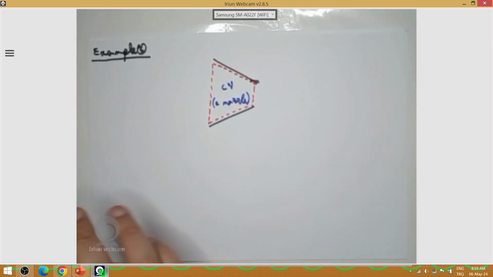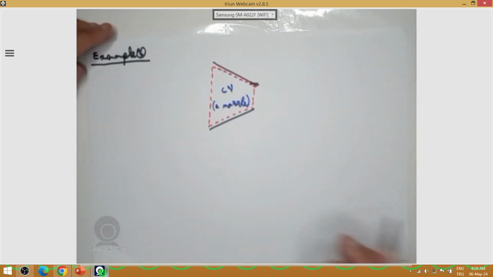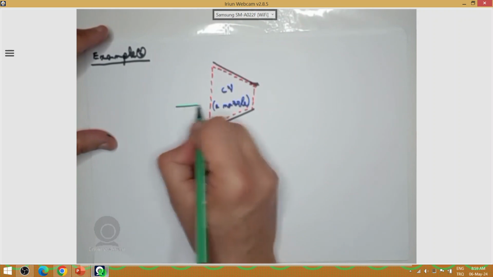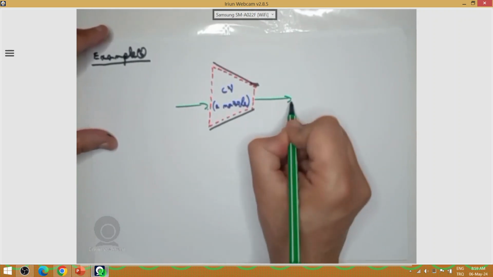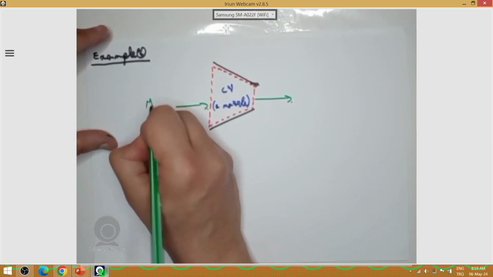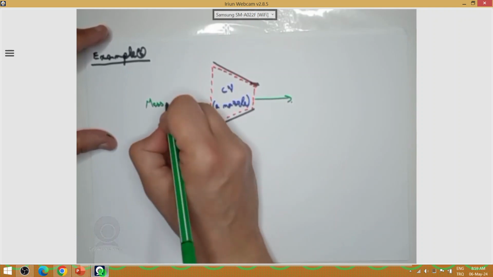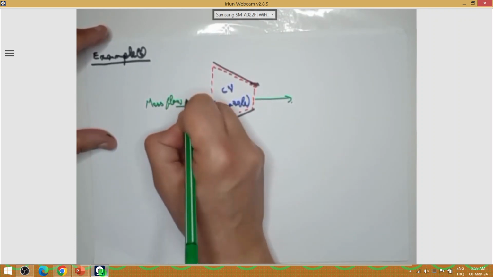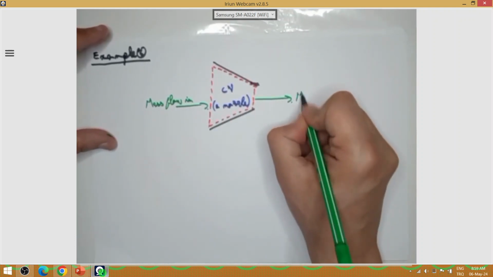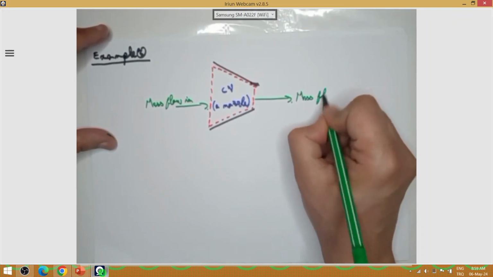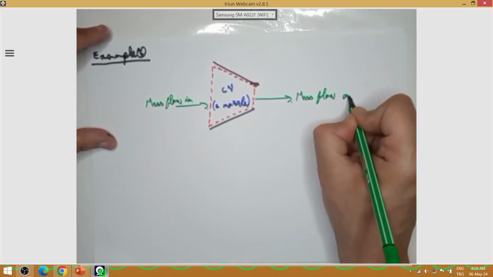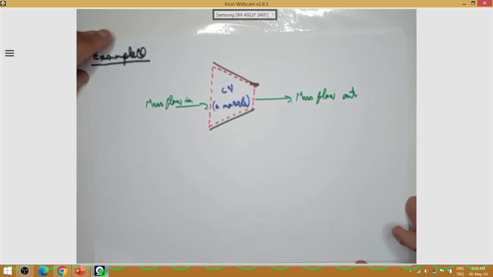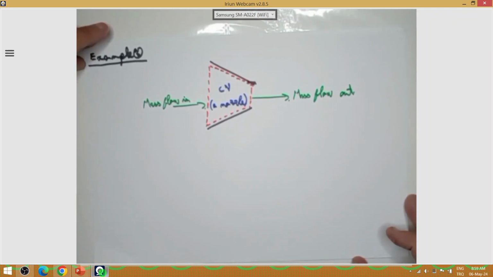And in our nozzle we have mass flow. We have mass going in and going out: mass flow in, and here we have mass flow out. This is the difference between a closed system and an open system.